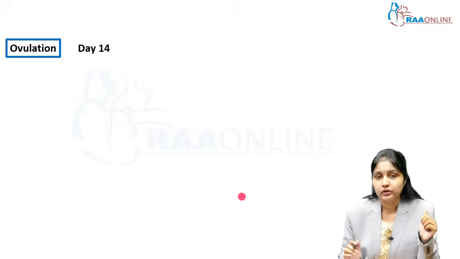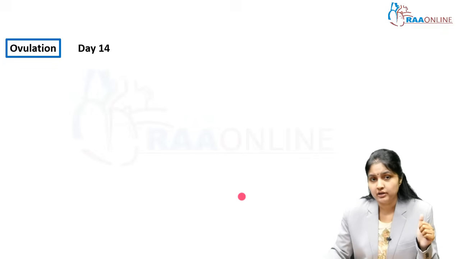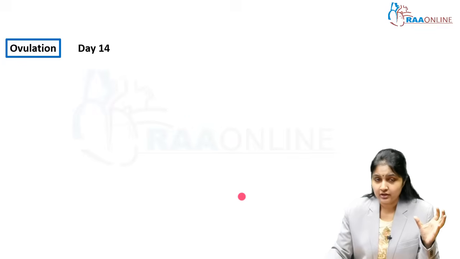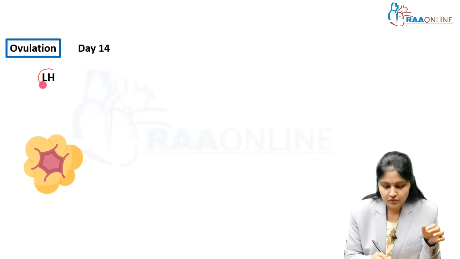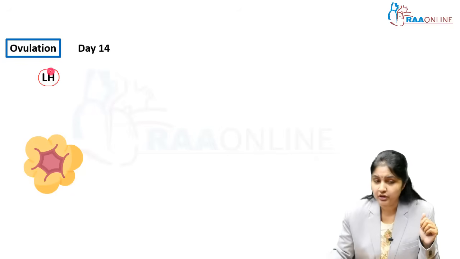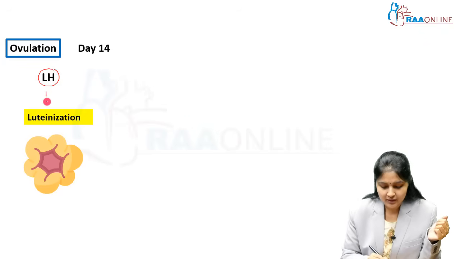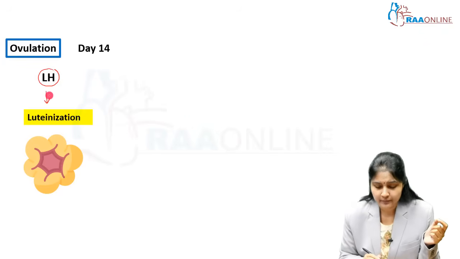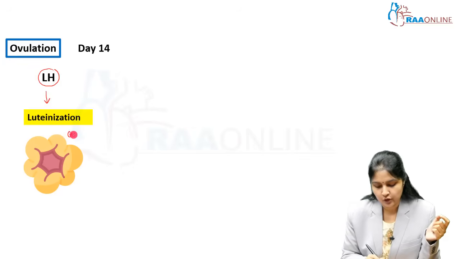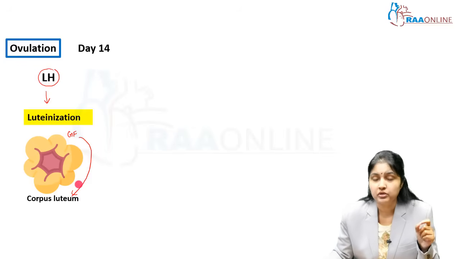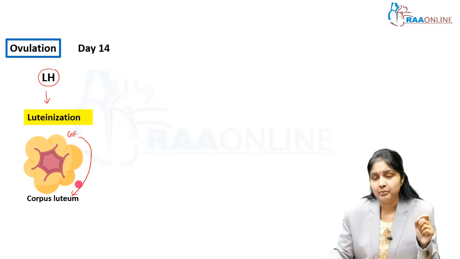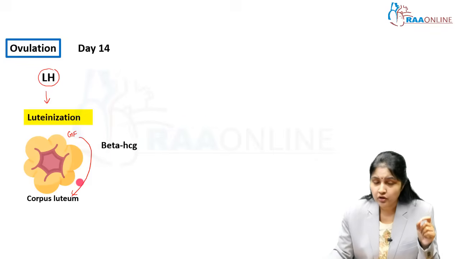As I mentioned, on the 14th day ovulation occurs, and once ovulation occurs, the Graafian follicle, under the influence of the luteinizing hormone from the maternal pituitary, undergoes a process called luteinization, where the Graafian follicle is converted into a structure called the corpus luteum. This corpus luteum plays a very important role of producing the progesterone hormone.